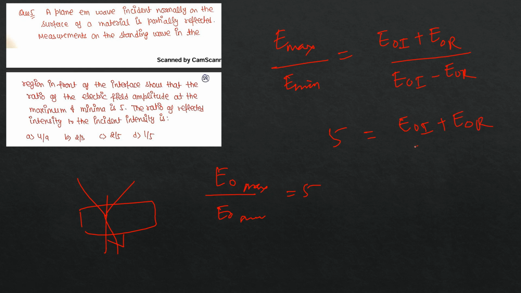If I take it to the side, 5 EOI minus 5 EOR is equal to EOI plus EOR. So 4 EOI is equal to 6 EOR, isn't it? So EOR by EOI is equal to 4 by 6, that is 2 by 3.